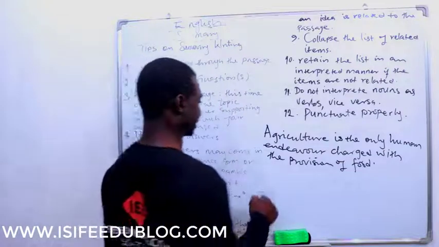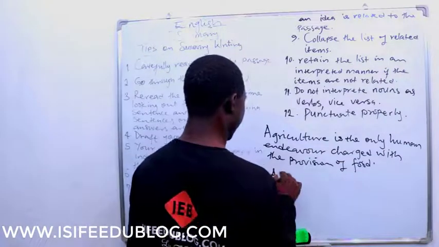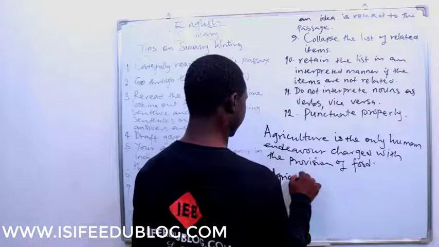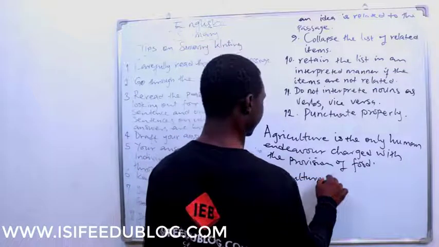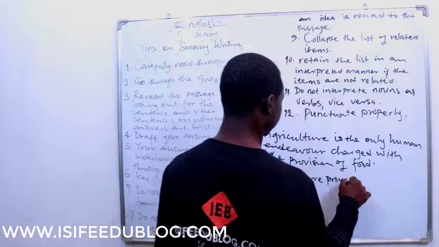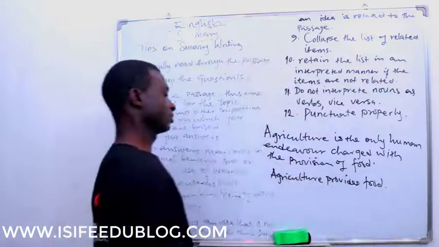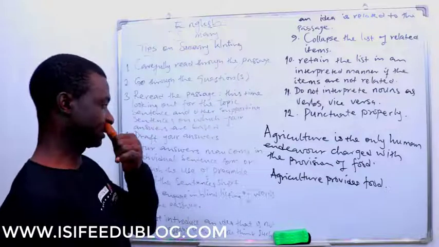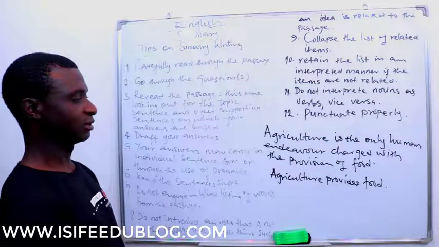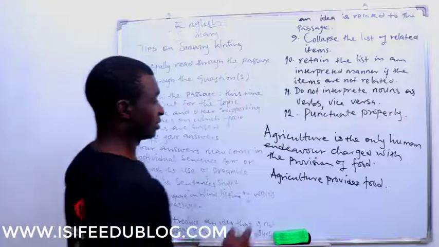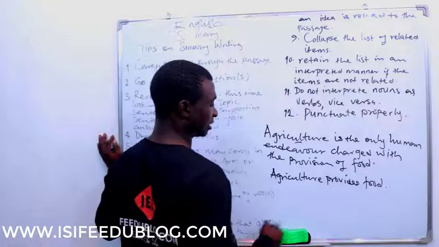In my summary, I said, agriculture provides food, or provides us with food. Now, agriculture is a key word.